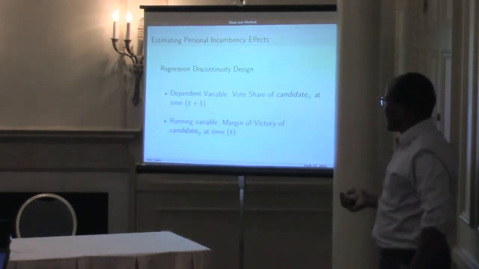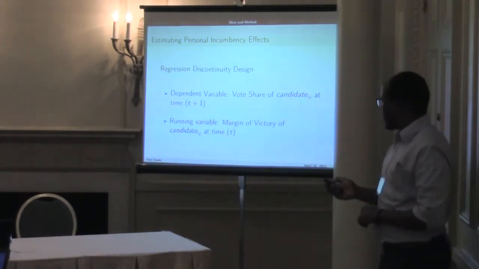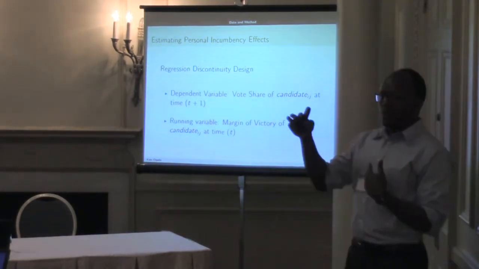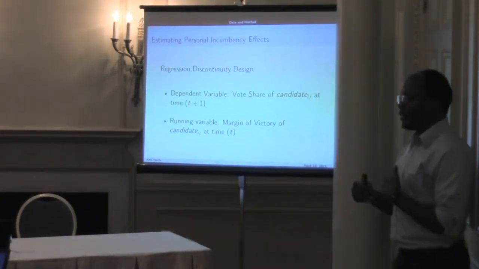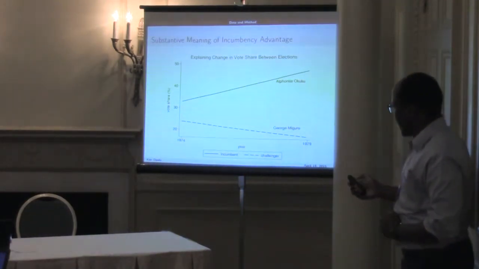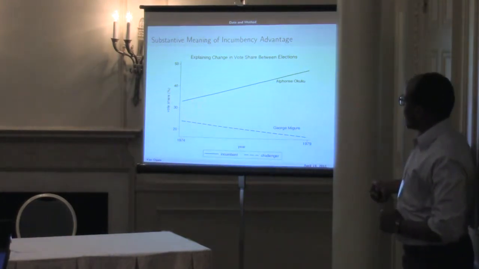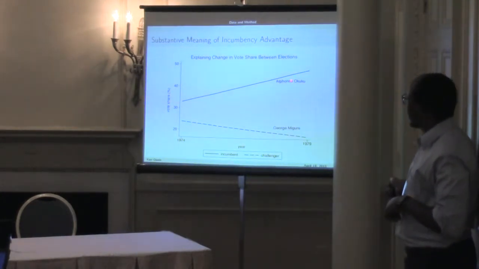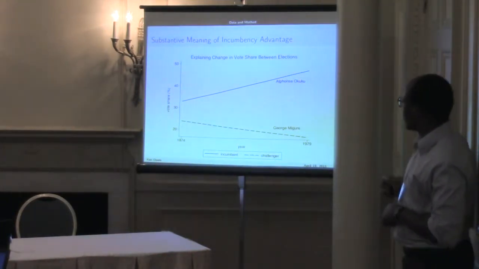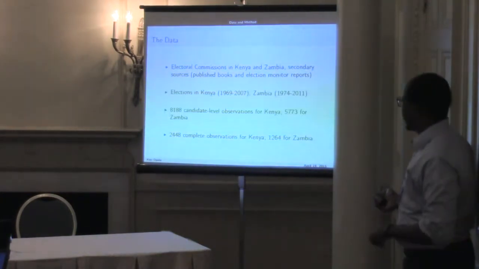So what I do is estimate incumbency advantage using an RD design, comparing candidates who barely lost and those who barely won at time t, and comparing them at time t plus 1 to see how they perform in the elections. Just to give you a sense, this guy's an incumbent in the previous election, he gets just over 30%. In the following election, he's close to 50%, and the non-incumbent declines. So we compare differences that can be attributed to just the incumbency status.